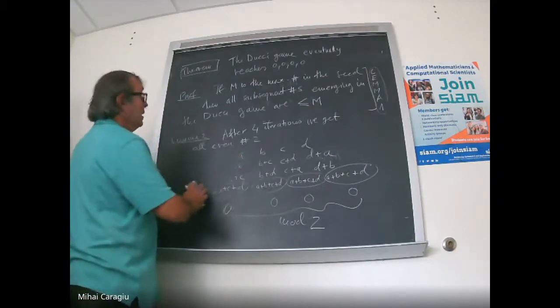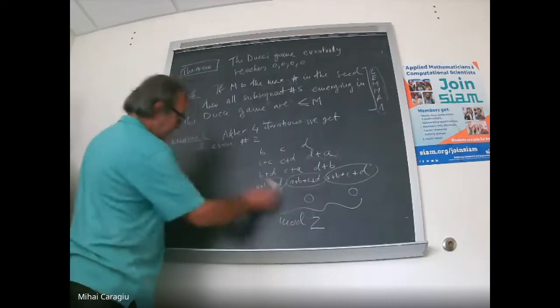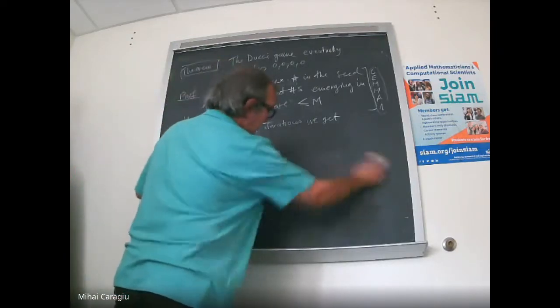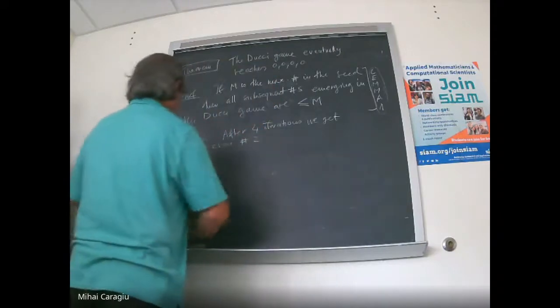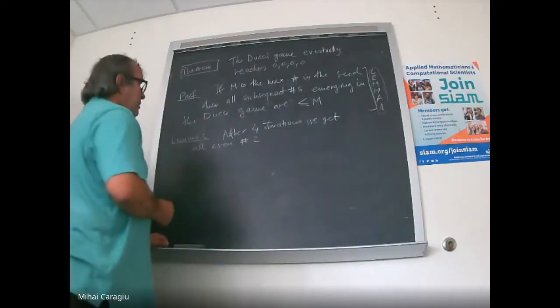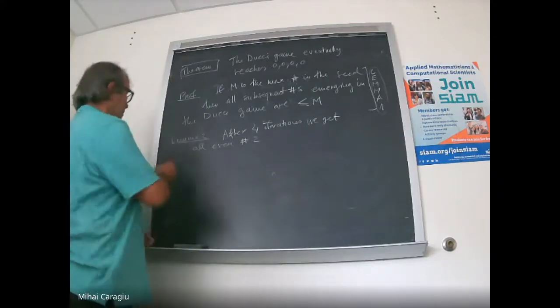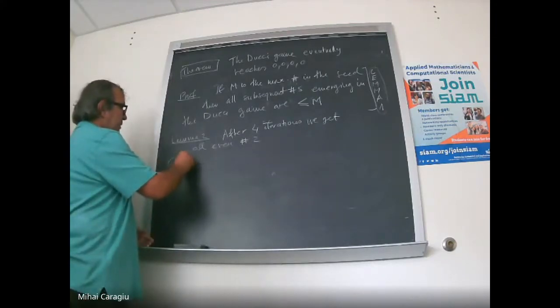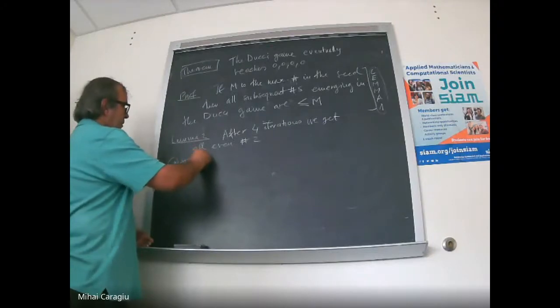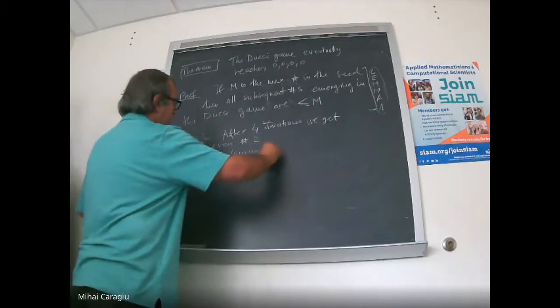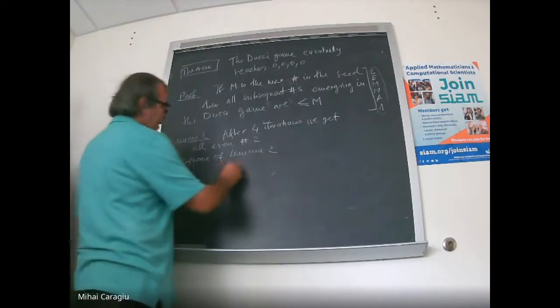Let's keep the lemmas here. Okay, as a consequence, so how can I extend lemma 2? Let's discuss a consequence of lemma 2. So we have row 1.